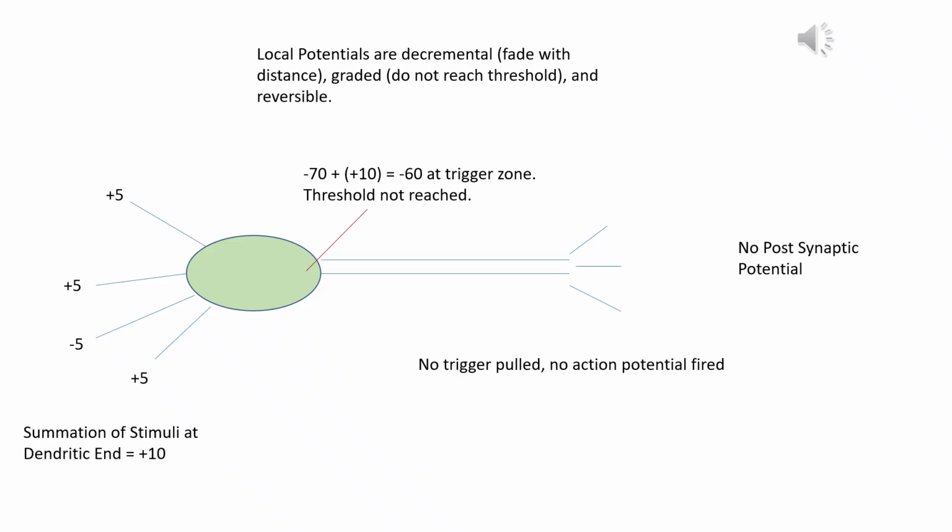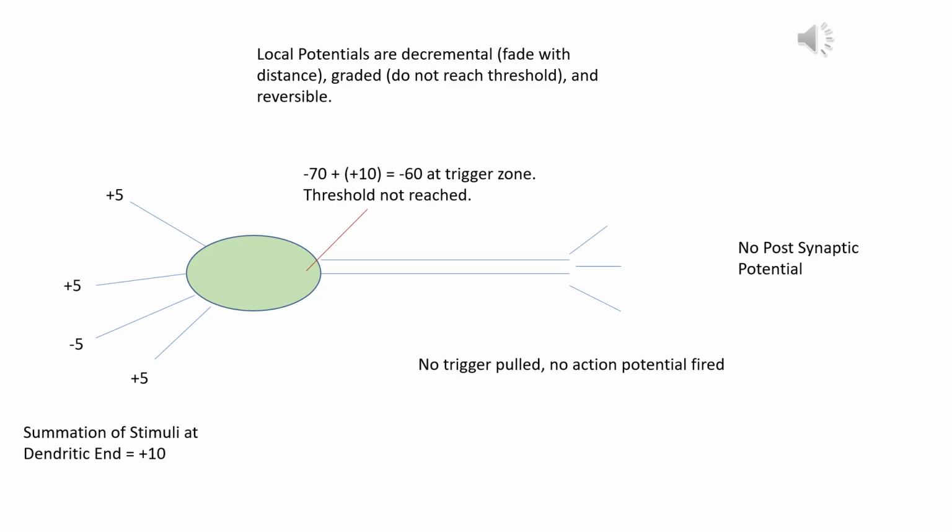In this particular illustration, we have a local potential of +10. A +10 is going to fade before it reaches the trigger zone, so it loses some of its punch. By the time that local potential reaches the trigger, it is nowhere near -55, so it is not going to fire an action potential.